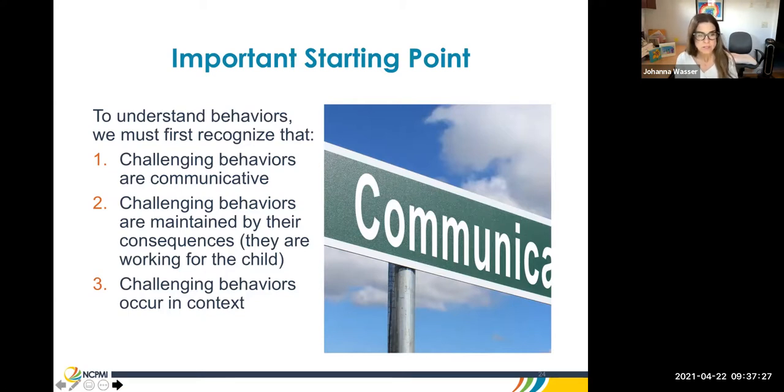And lastly, we need to be really focused on what is the context of that challenging behavior. So I work with a team out in Nashville, and one of the students is having a challenging behavior during lunchtime. And when I was learning more about where this challenging behavior is coming from, I'm hearing that, oh, when they're eating lunch, there's a video that they're watching, and it's 45 minutes.